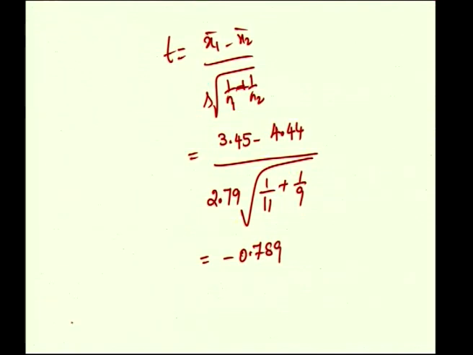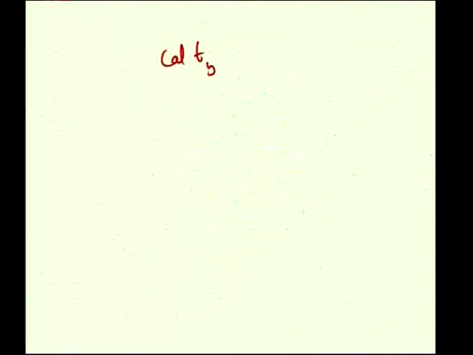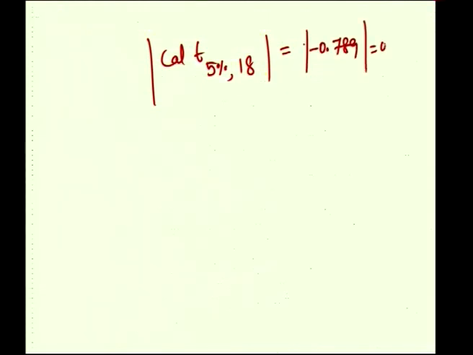Therefore, calculated T at 5%, 18 degrees of freedom is minus 0.78. So, within modulus, if you put, this is 0.789.